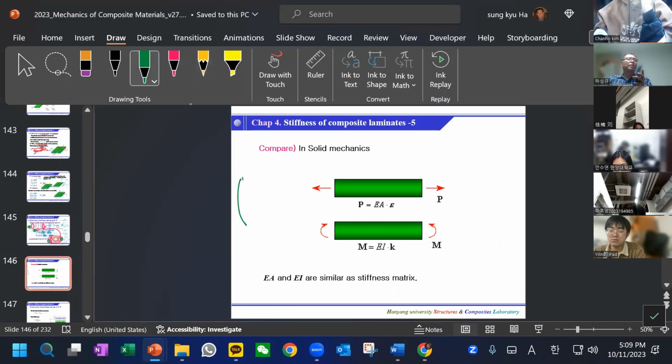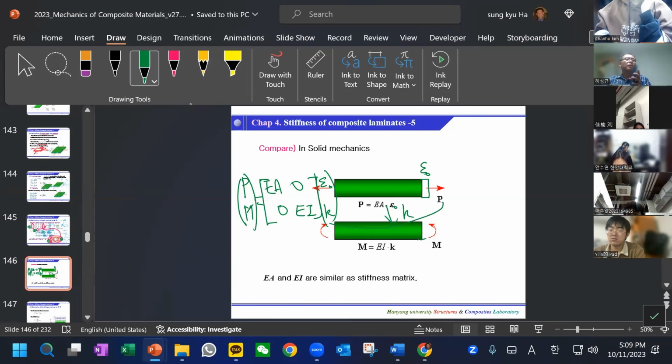This is the P and M equal EA and EI and 0, 0, and epsilon and curvature, right? I will say epsilon 0 here because it's a uniform strain, and because of a moment, this will have a curvature like this. So this is the curvature.